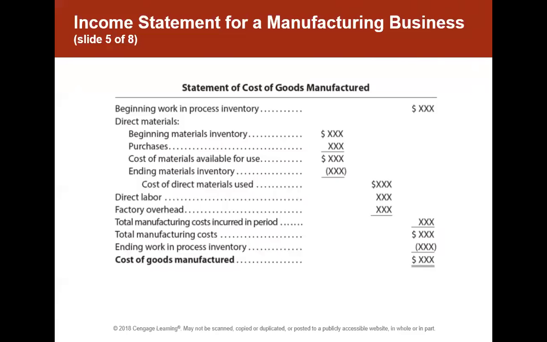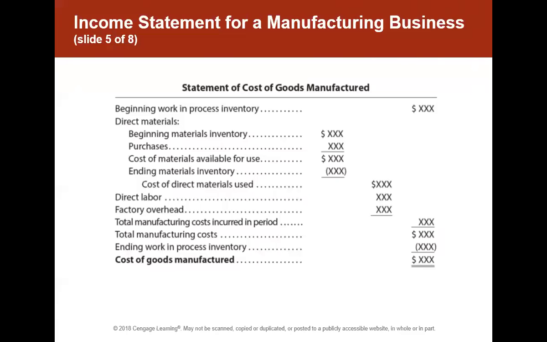Then we move to work in process. We have beginning balance, materials used. We add in our labor. We add in our factory overhead. That gives us our total manufacturing costs incurred in the period. Then beginning work in process plus materials, labor, and overhead gives us our total manufacturing costs.